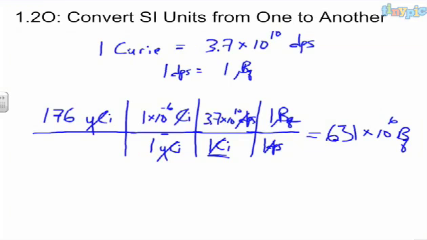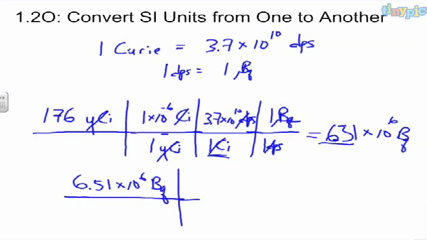Well, that's all great, but that's a pretty good big number, and we usually like our SI prefixes to get it to where we only have 3 numbers off to the side here. So we'll turn that 6.51 times 10 to the 6 becquerels. And since it's times 10 to the 6, we know times 10 to the 6 is equal to a megabecquerel.